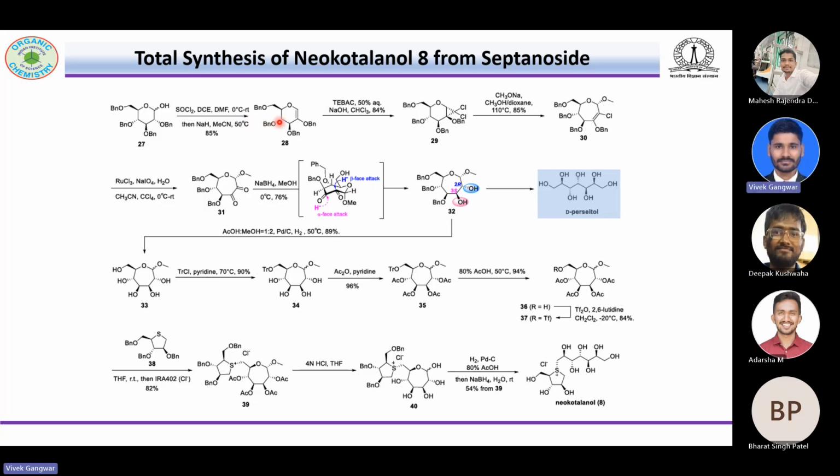No, I am not using this method here. The problem is how you may make this hemiacetal. But in other reactions you are using DCE, right? I am using DCE. Why not DCM, for example? DCE and DCM you are saying.